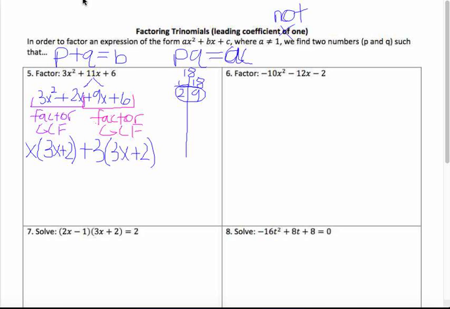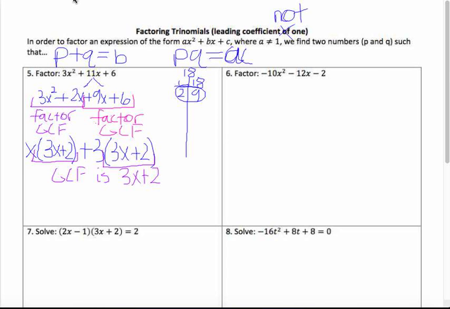And this is the part that always felt like magic to me. But what's happening, 3x plus 2 is now common to both terms. And in fact, it would be the GCF. So because 3x plus 2 is the GCF here, the greatest common factor, it can be factored out.